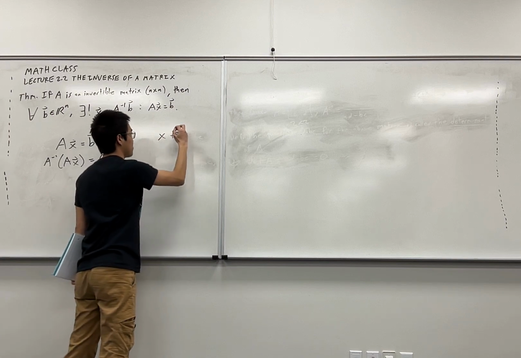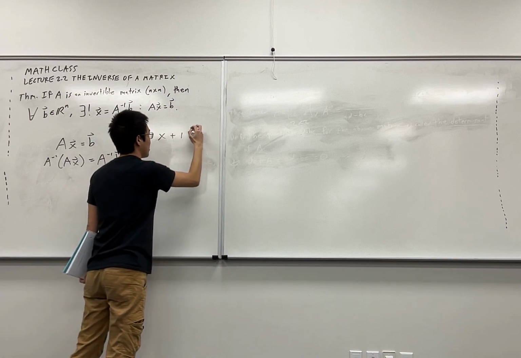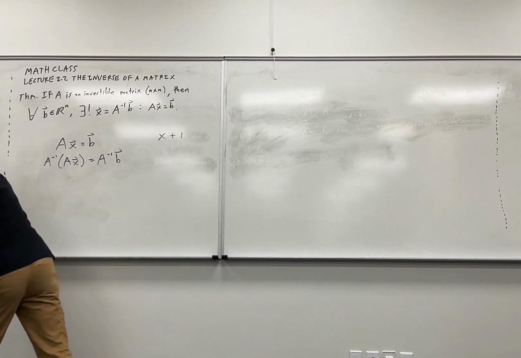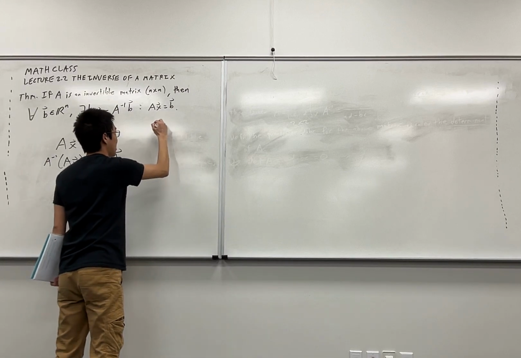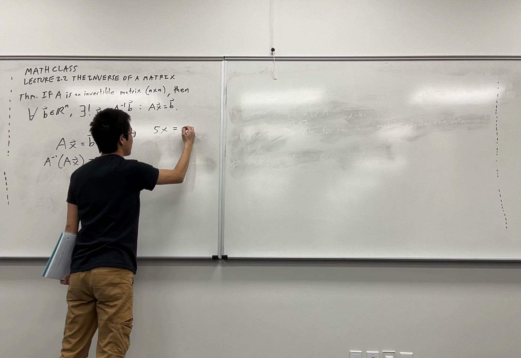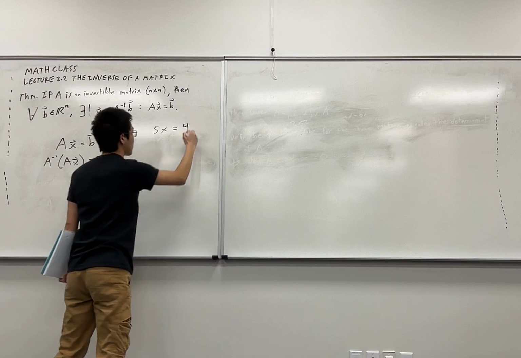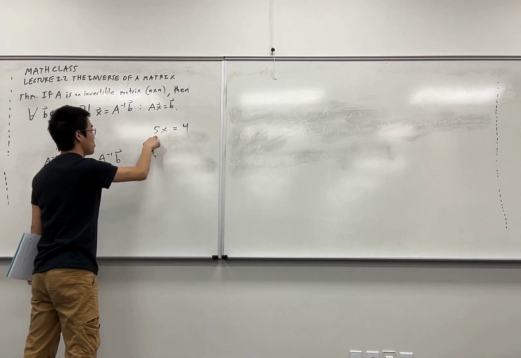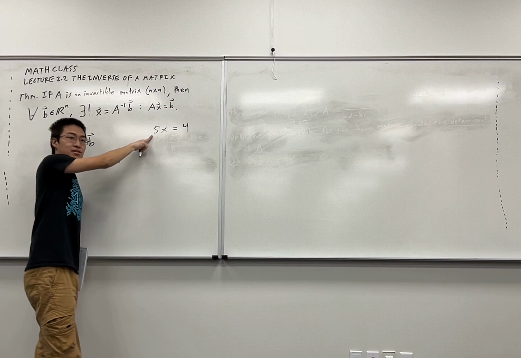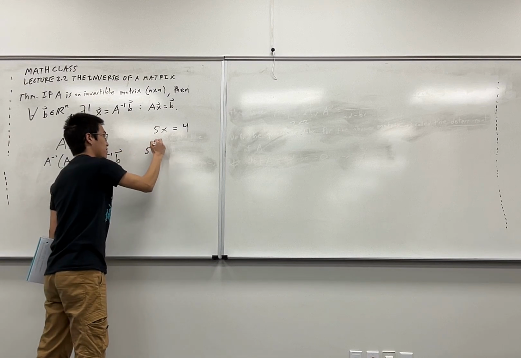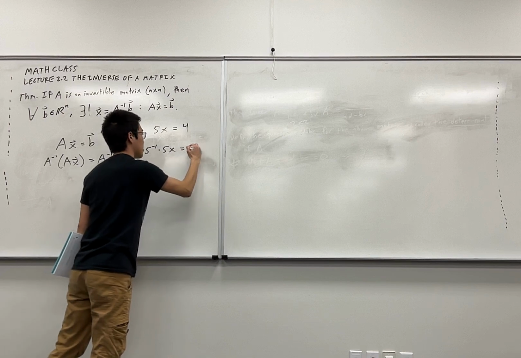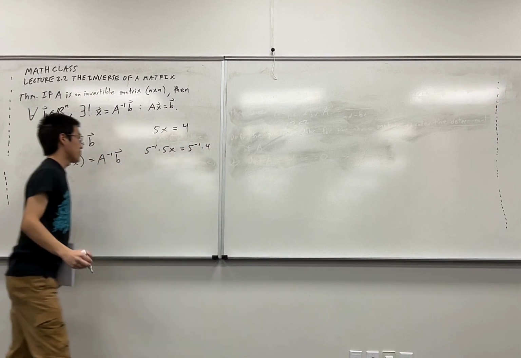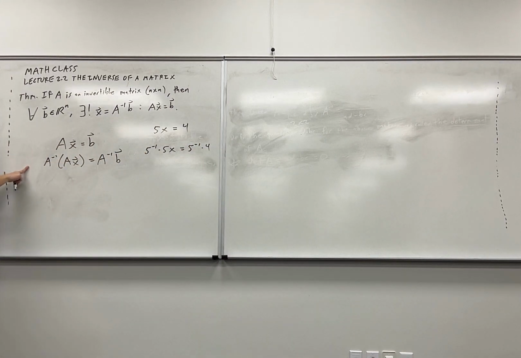Actually, I'll use multiplication since that's what I did to start. So it'd be like 5x is equal to maybe 4, right? So then what I'm doing is citing the existence of the inverse, 5 inverse times 5x equals 5 inverse times 4. So analogously, this is what's happening.